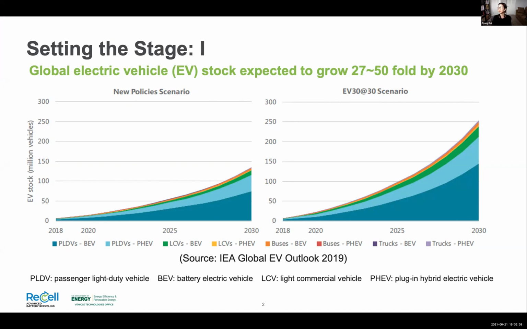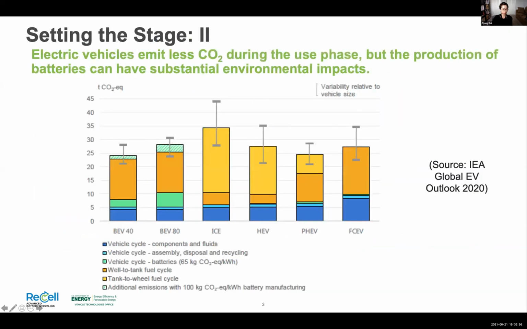According to the projection by the International Energy Agency, we're going to have an increase of 27 to 50-fold of the global electric vehicle stock by 2030. Also, according to the IEA analysis, using electric vehicles can help us reduce greenhouse gas emissions from the vehicle use phase.